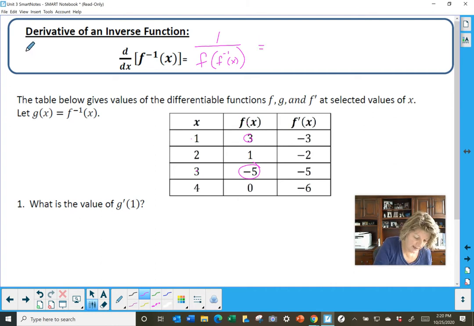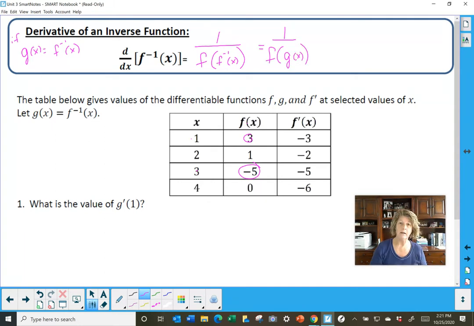If g of x equals f inverse of x, then I could also write this as 1 over f of g of x. Mainly what comes out of here is a new value, right? If I put in 3, I get out negative 5. If I put in negative 5, I get out 3. So I've got to work with that. So there is the rule for it.